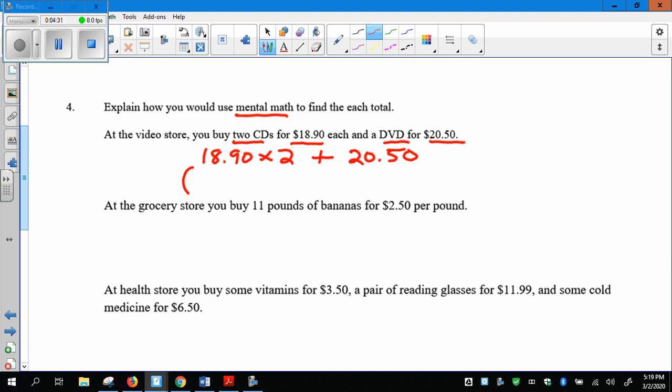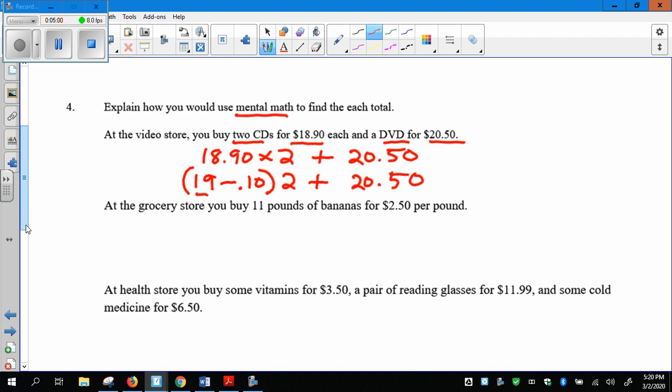I'm thinking that the $18.90 times 2, well, $18.90 is pretty close to 19. It's actually 10 cents less than 19. So I'm going to think of that product like that. And then we got to add $20.50 to that. Well, this 19 minus 10 cents times quantity of 2, I can use a distributive property to get those totals.